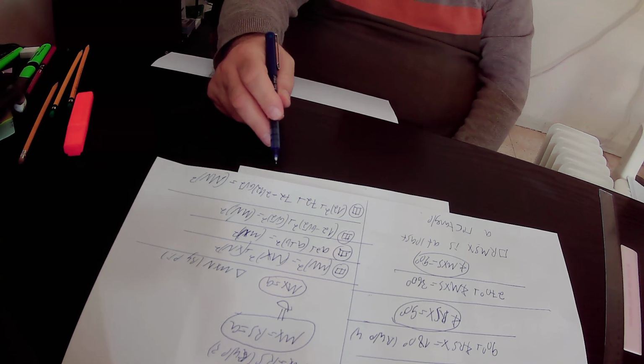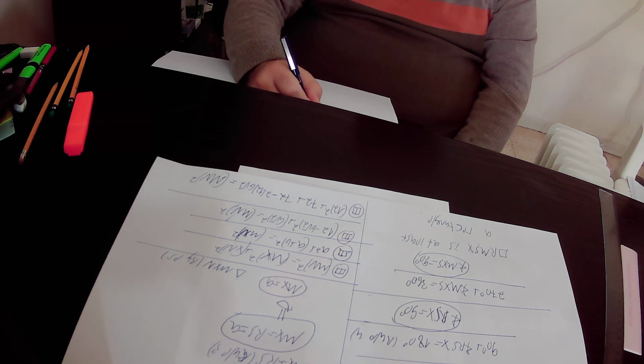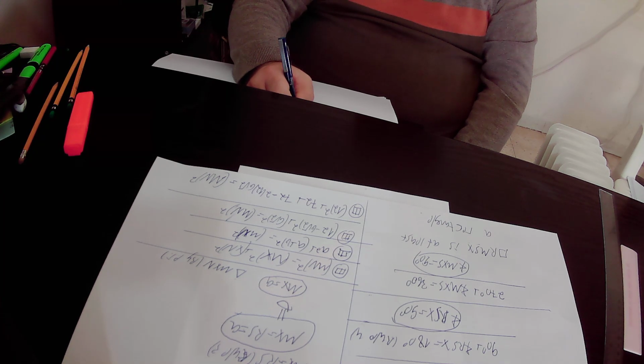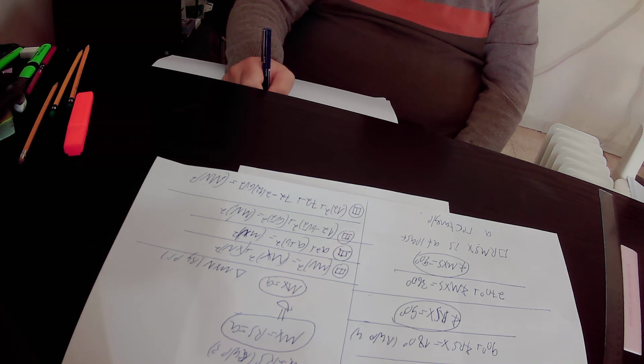Minus 2 times 6 is 12. 12 times 12 is 144. So here we will have minus 144 times square root of 2. That equals MN squared.